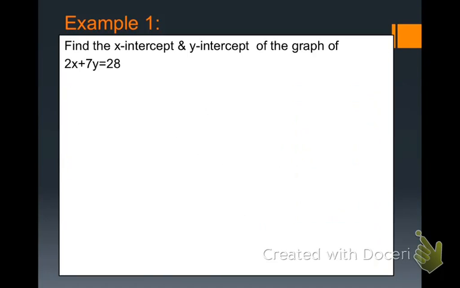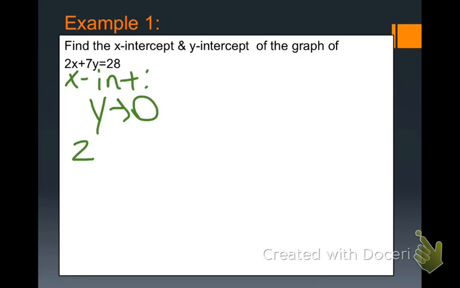So let's try an example. We want to find the x-intercept and the y-intercept of the graph of 2x plus 7y equals 28. So let's start with the x-intercept. Remember, to find our x-intercept, we want to make y 0.